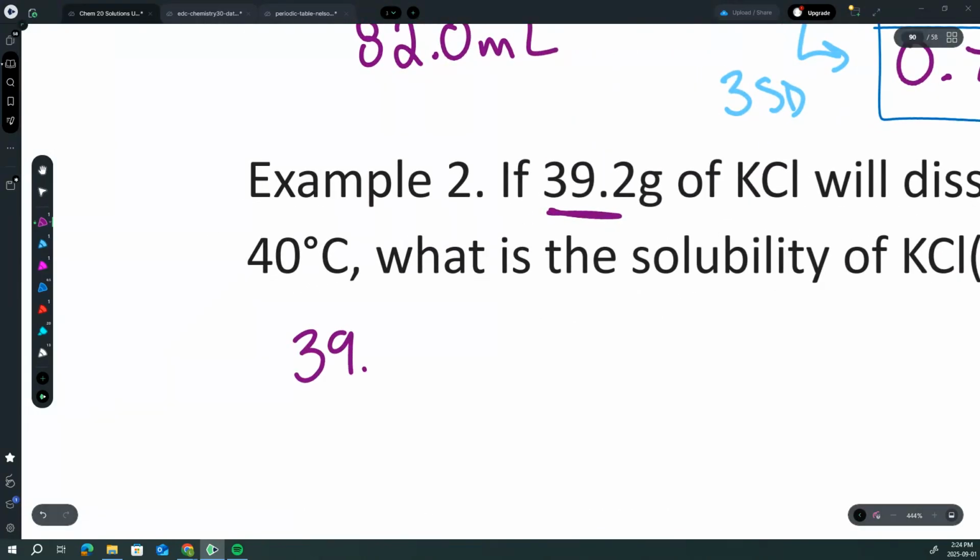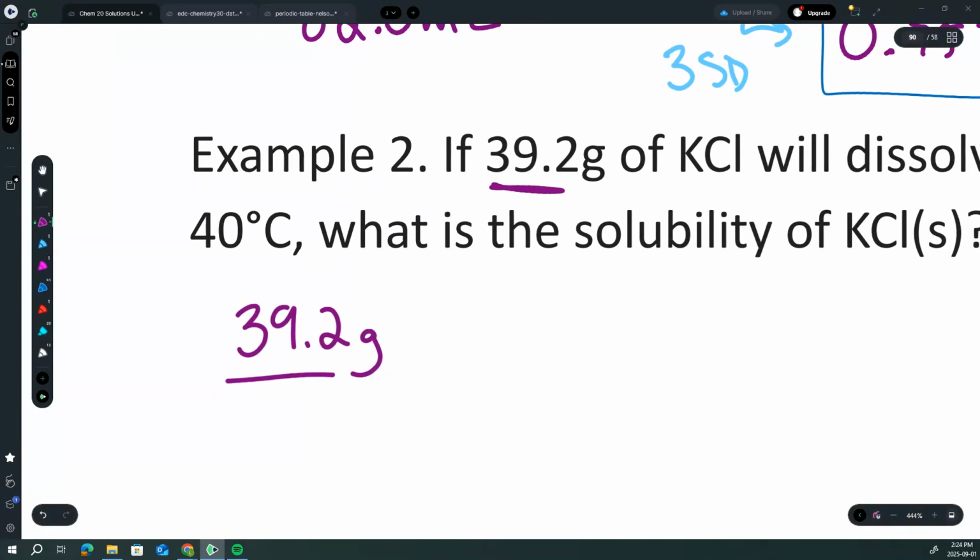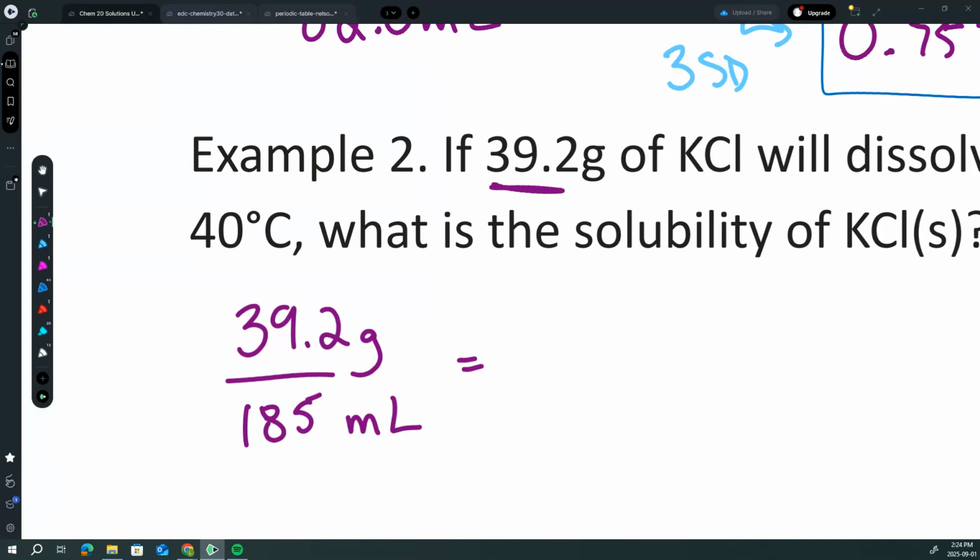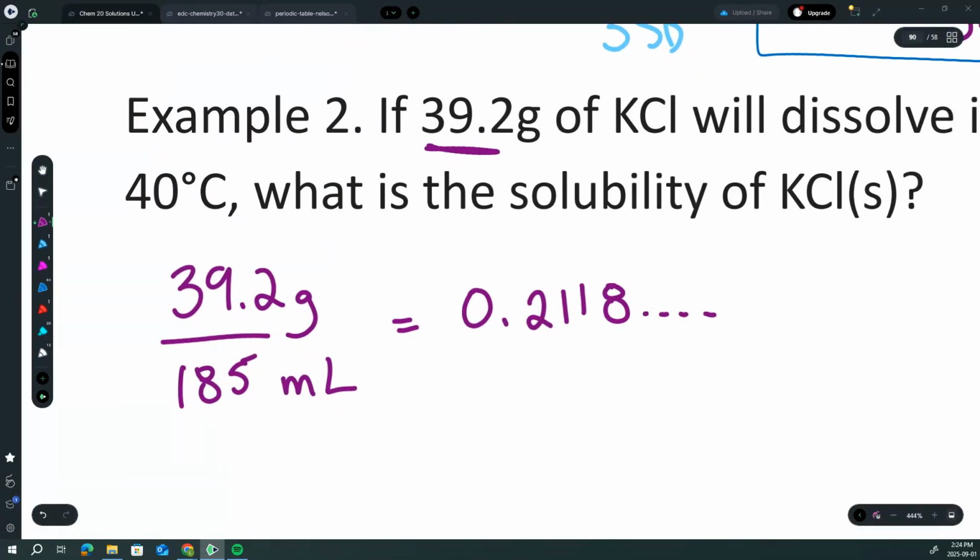So they're just saying, take these two numbers and divide them to figure out the solubility value. So that's going to give us 0.2118. The number keeps on going forever.